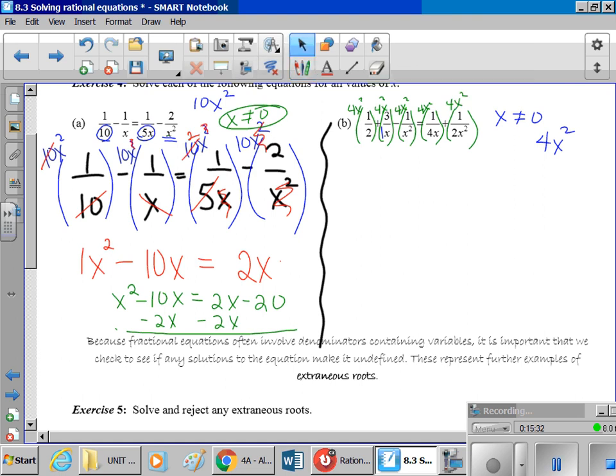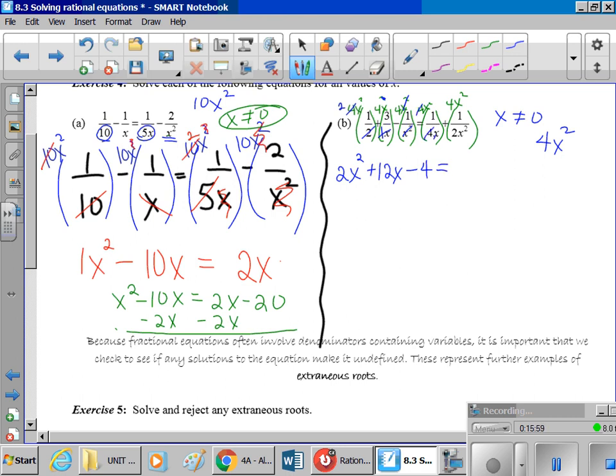All right, so now the 2 cancels with the 4 and I get a 2, so this is 2x squared. This x cancels with one of these x's, and I get 4 times 3, which is plus 12x. This entire x squared and this entire x squared cancel out, and I'm left with 4 times 1, which is 4.